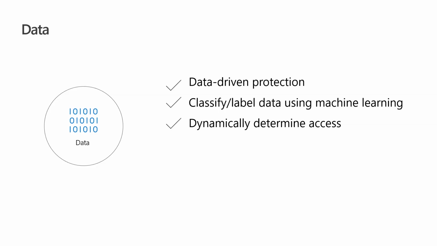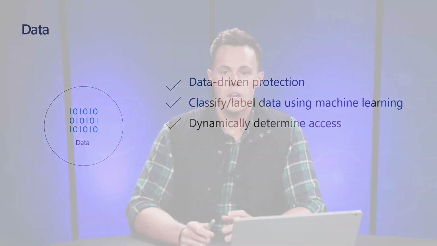This means that the data is protected and those protections travel with that data. This requires that some sort of classification or labeling system is deployed. And the best way to do this on a broad scale is to make sure that machine learning is integrated somehow. What this means is that if a particular piece of data exists on the network, machine learning can look at it and realize, hey, this looks like a social security number, or this looks like a credit card.